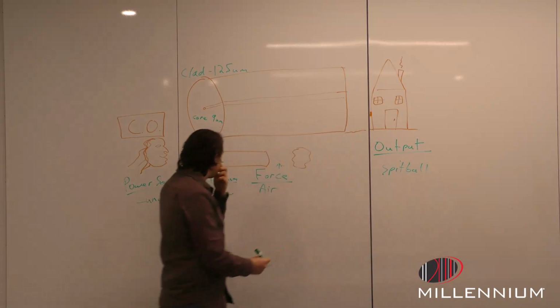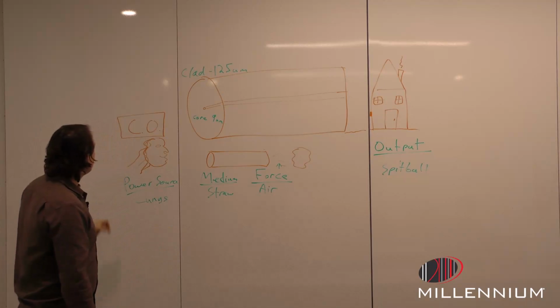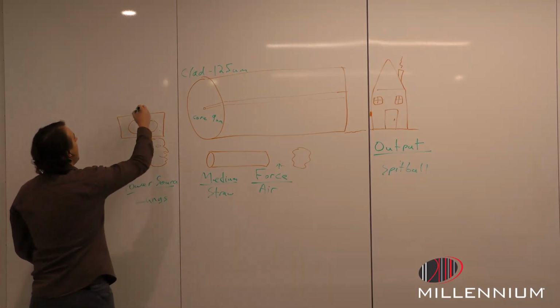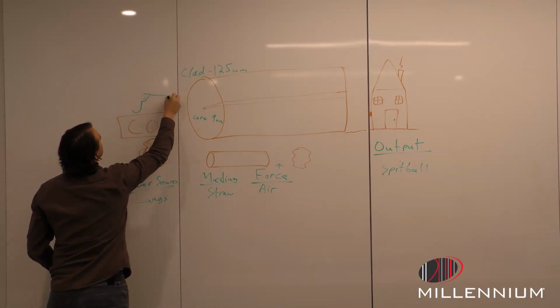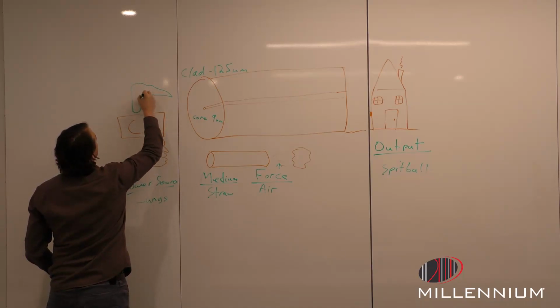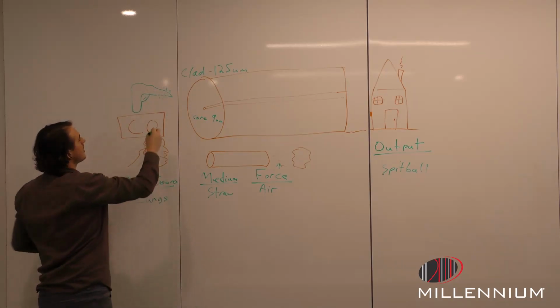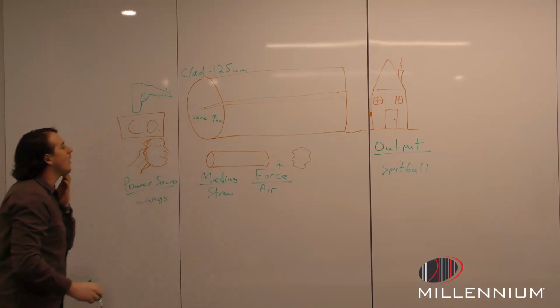Now let's translate this to fiber optics instead of what I did in 7th grade. What is the power source with fiber optics? A laser. So here is our laser. It's a pretty bad one. We hit the trigger, and this is injecting light into the core.